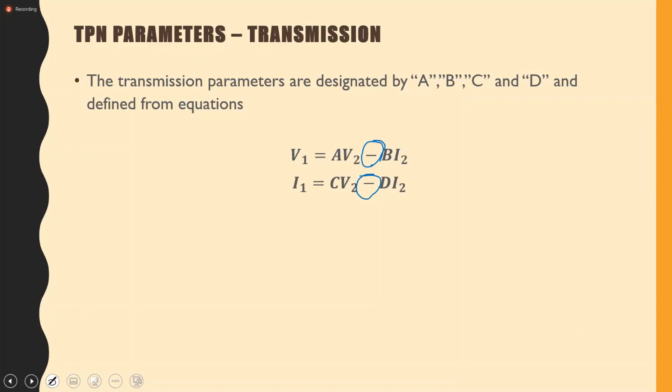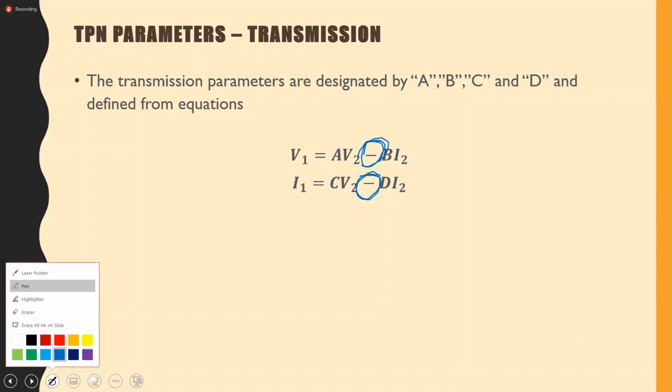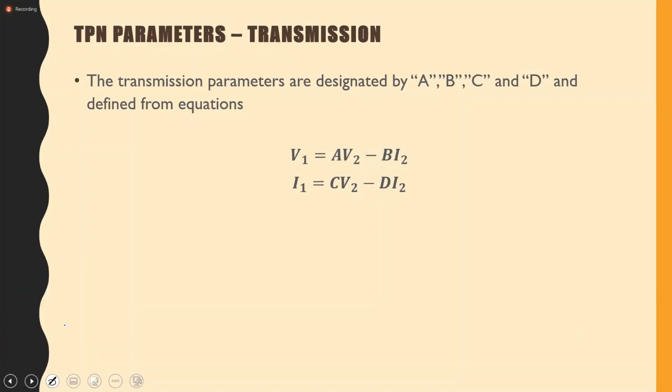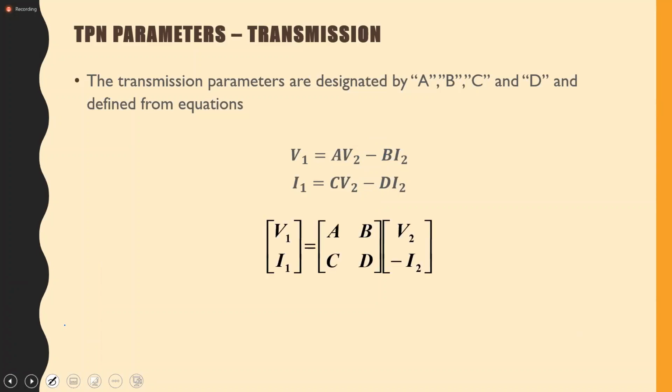But because we are using the convention that I2 is coming into the network, then in the equations we have the minus. All right, so in matrix form, again, please take note, we're dealing with minus I2. That's where a lot of students run into problems with these parameters.